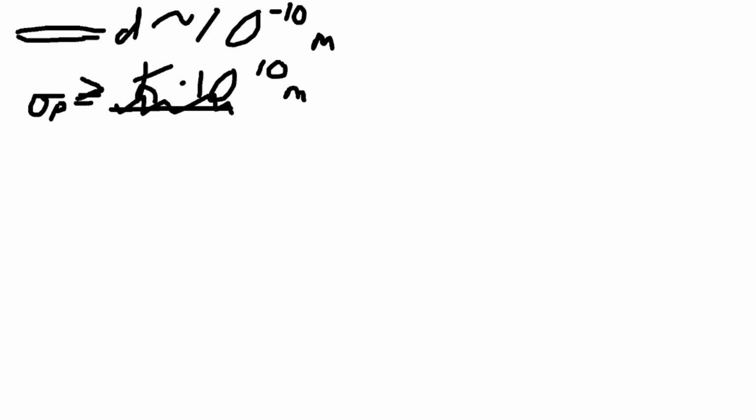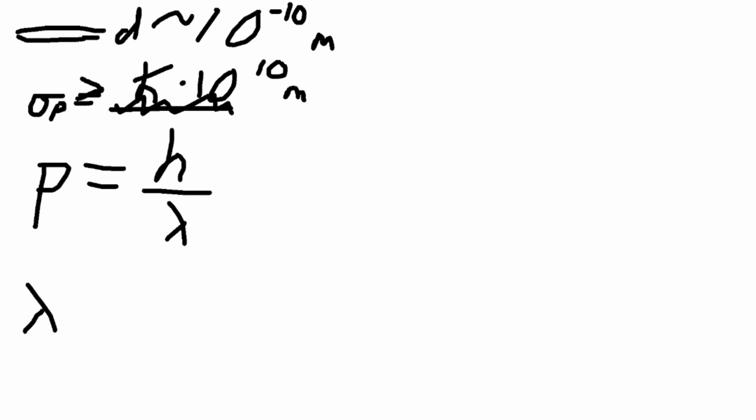So what does this mean practically speaking? Well, we want to relate it to what the light is actually doing, and there are a few useful equations we can use. One of the most is that the momentum of light is equal to Planck's constant, not reduced, divided by its wavelength. And let's say we just have a ray of blue light. A typical value for light that might be visible could be around a few hundred nanometers.